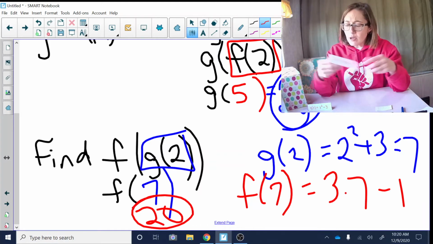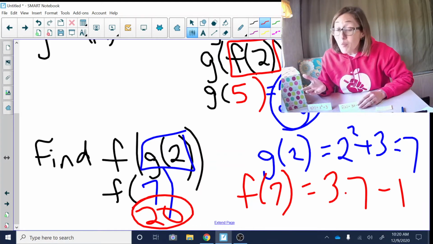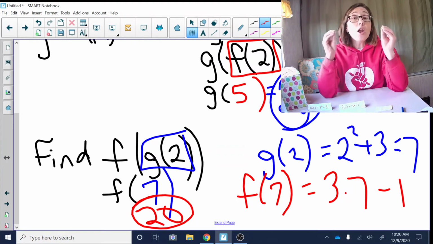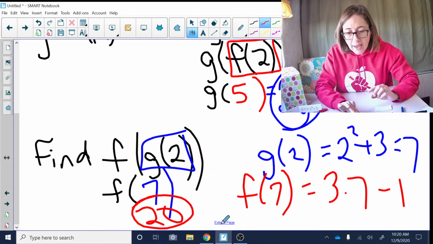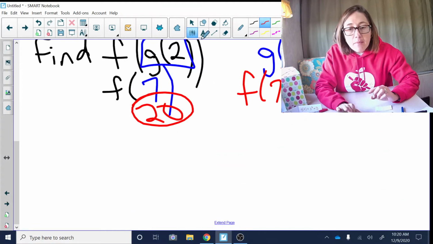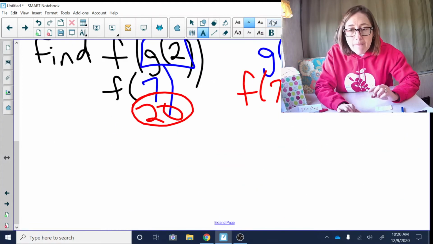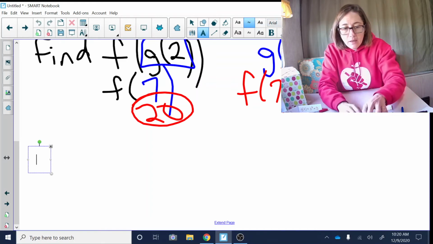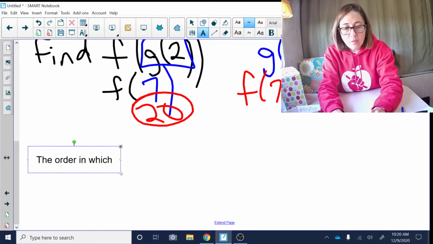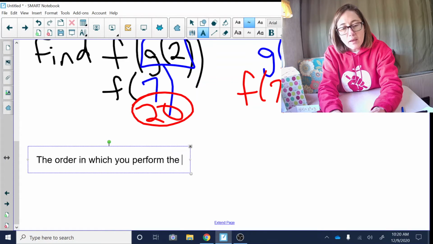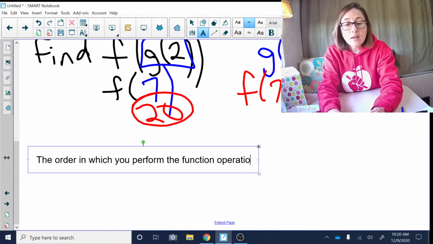Was that the same answer or a different answer than we got before? Before we got a 28, so the order matters on these. Let's make a note of that: the order in which you perform the function operations does matter.